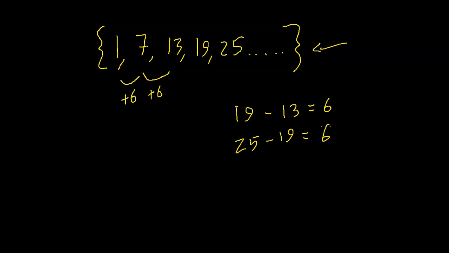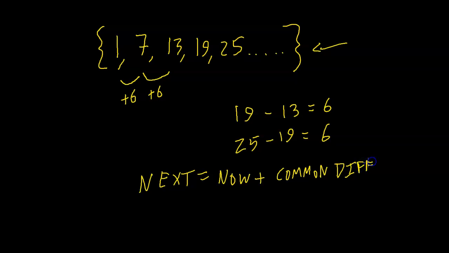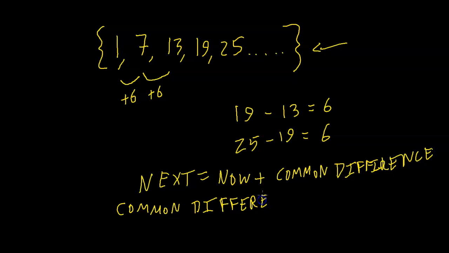Or if we want to write it in next-now form, remember that next equals right now plus common difference. This also means that the common difference, if you want to think of it this way, is the value of the successive term minus the current term, right?